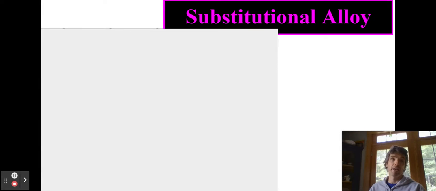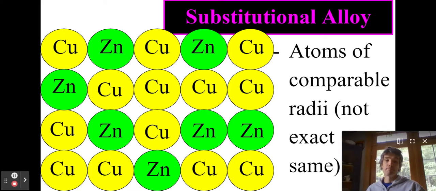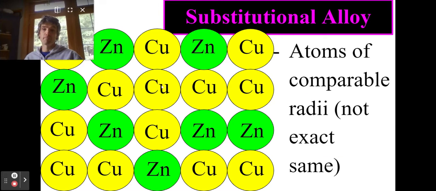Now, the first type of alloy is a substitutional alloy. Here's an example of it: this little bar is brass. These atoms have similar atomic radius, or atomic radii. If you're drawing this, you don't have to draw all 20 circles; I just did this to give you a good visual.